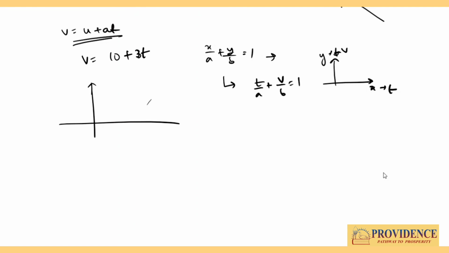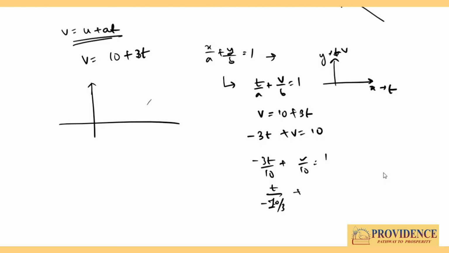Okay, so how to do that? v is equal to 10 plus 3t, that means minus 3t plus v is equal to 10. So minus 3t by 10 plus v by 10 is equal to 1, and t by minus 10 by 3 plus v by 10 is equal to 1.